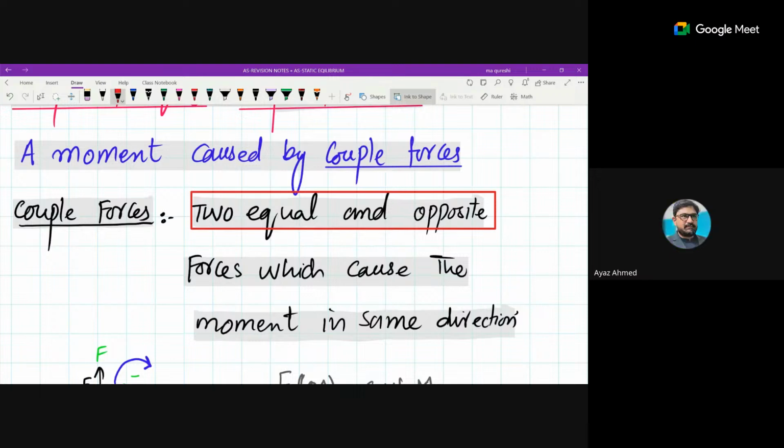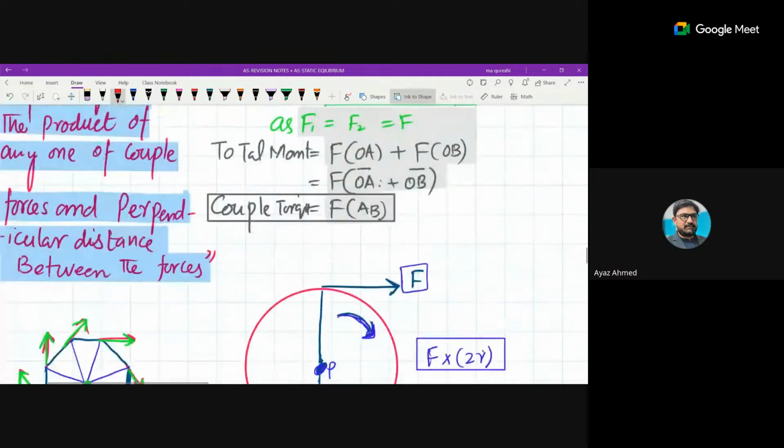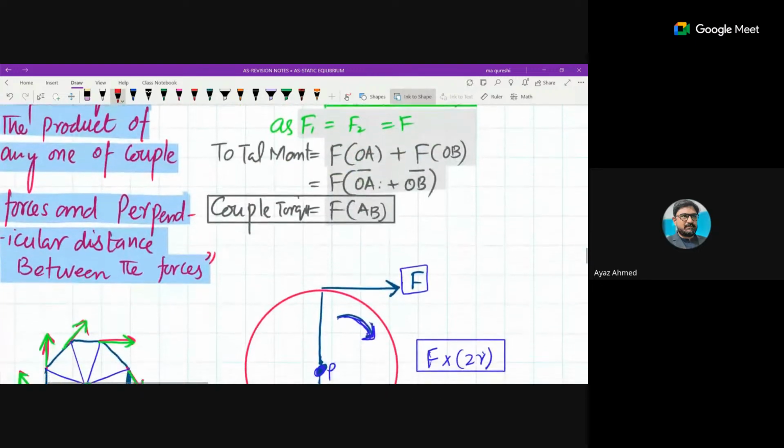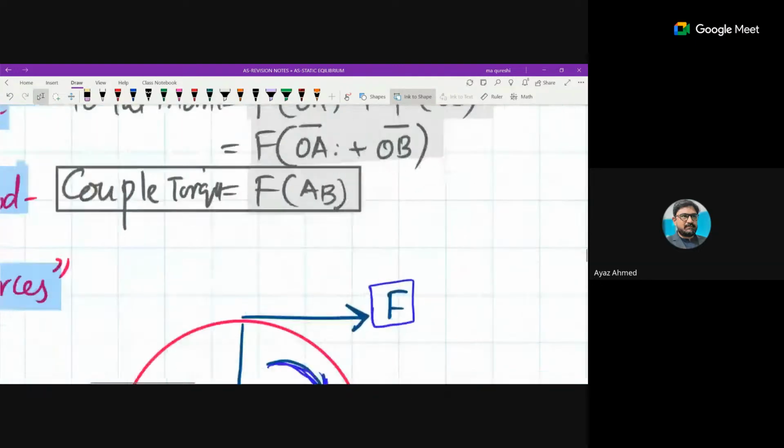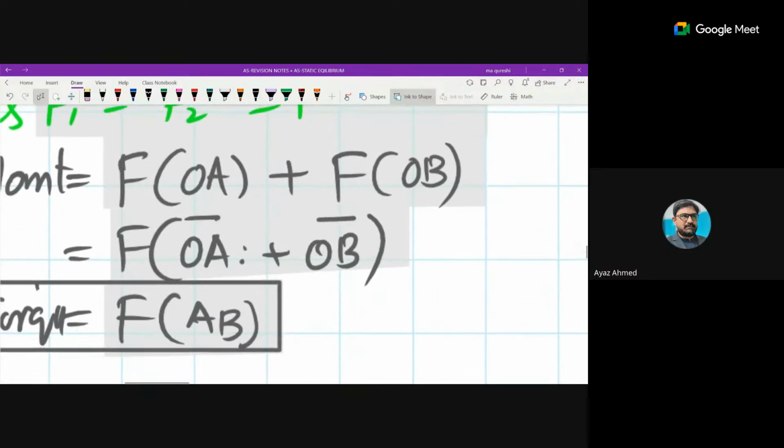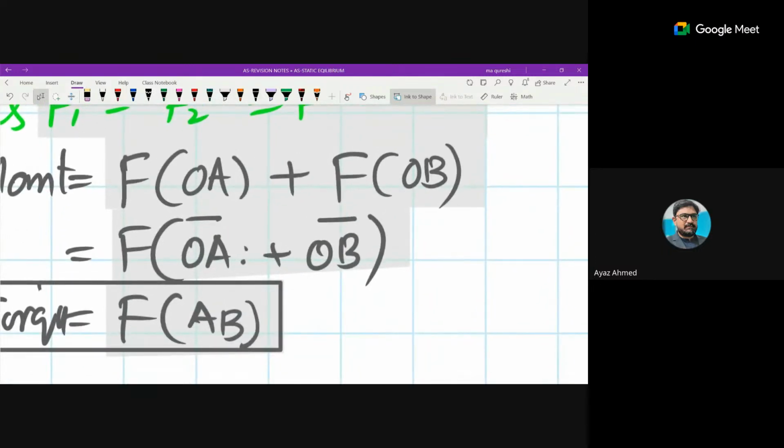Yes. Okay. So it means F1 and F2 are the same, so I just keep it as F. F times OA plus F times OB. In between, you can see that OA can be added with OB because F is taken out common.